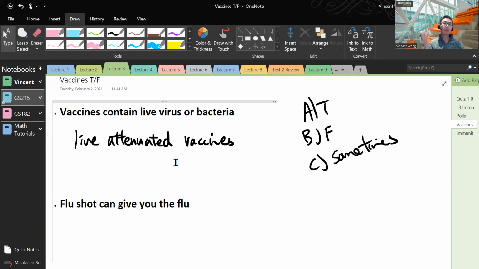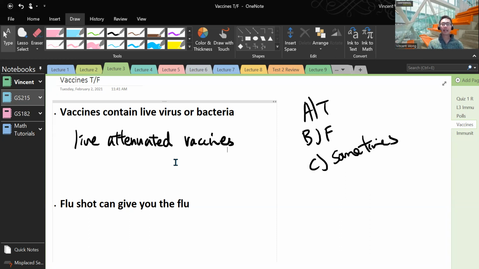Okay, but because they are live viruses and bacteria, we tend to be more cautious with them. They're not particularly suitable for some people. For example, they would not be suitable for people who are immunocompromised. They are not suitable for pregnant women.